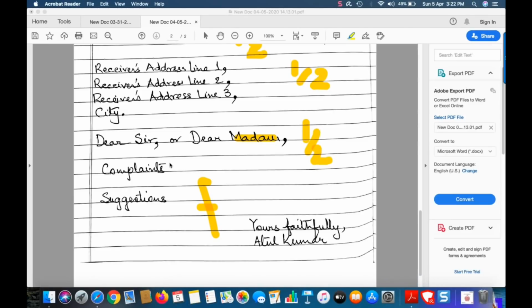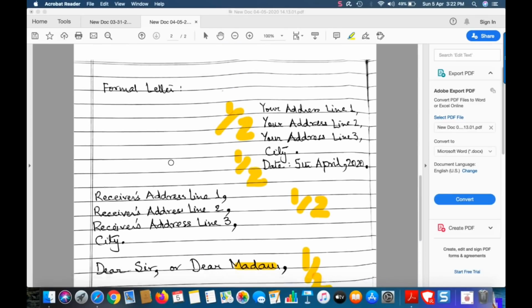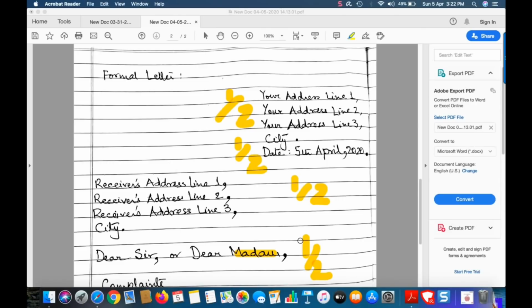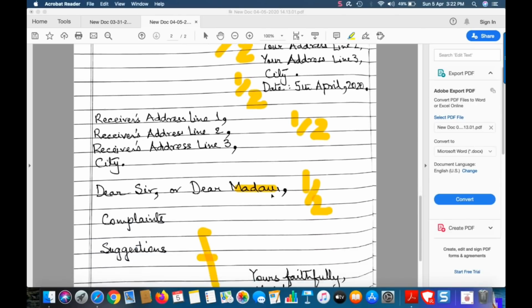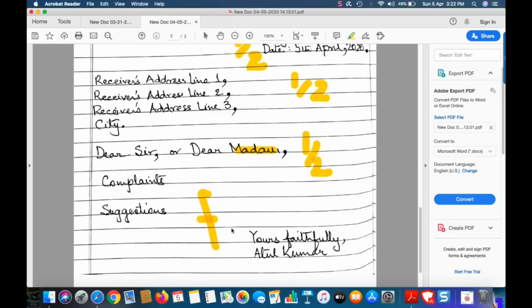Now let us look at the breakup of marks. Format is of half, half, half, half, that is 2 plus half here and another half the name. Right? So this comes to 3 marks for the format.